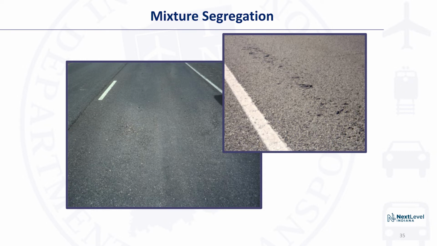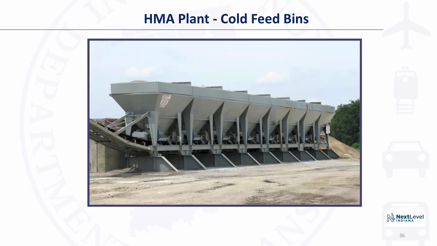You know, it can cause issues down the road with raveling, spalling. I know it doesn't really have to do with in the field, but it does start at the plant, getting the proper stuff in the cold feed bins, basically making sure that mix is proportioned correctly.